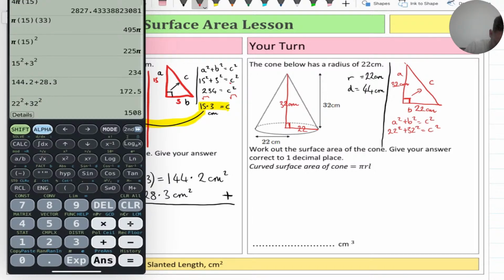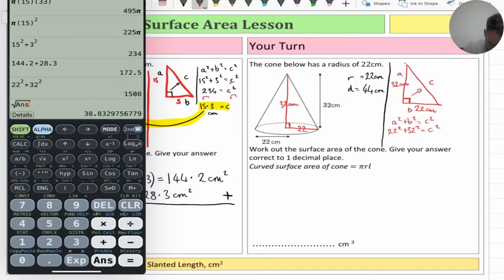So that square root of my answer, it's going to do it all in one, which in this case C is equal to 38.8 centimetres there. Okay, so this length here we can now put in, this length here, which is 38.8 there, like so. Brilliant.